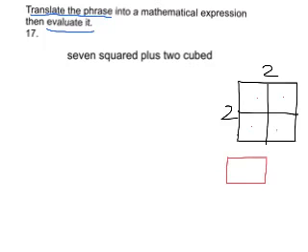Oh, that's not a cube. Well, let's try again. Oh, I connected the wrong thing.